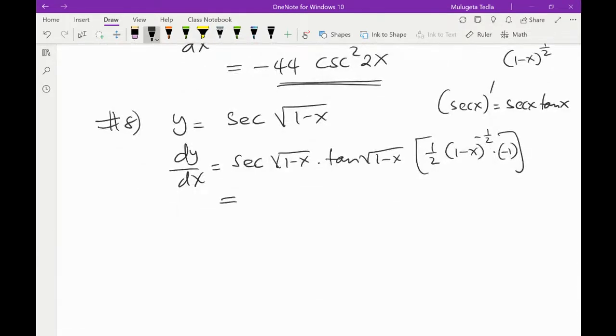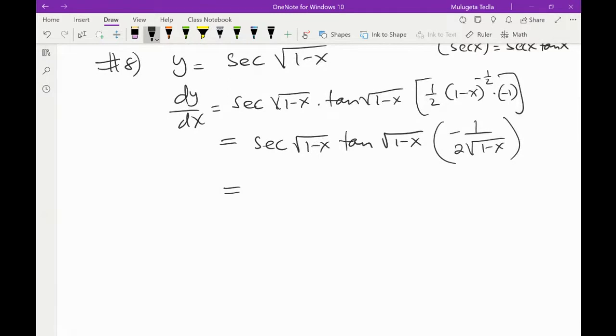So this is equal to secant of root of 1 minus x, tangent of root of 1 minus x. And this thing, I can reduce it, maybe minus 1 over 2 root of 1 minus x. Or I can bring up front minus 1 over 2 root of 1 minus x, secant of root of 1 minus x, tangent of root of 1 minus x.